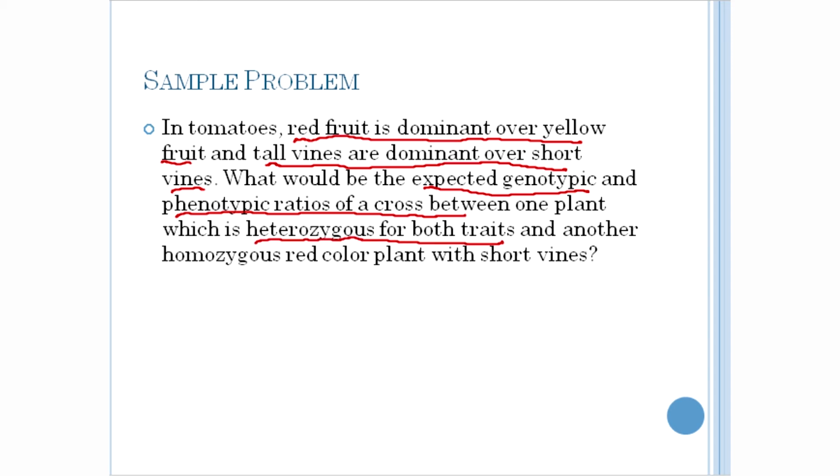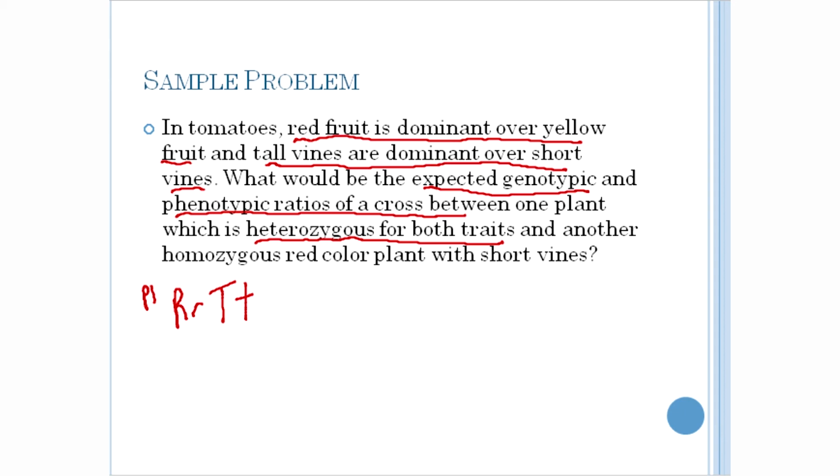So let's call this one parent 1. Heterozygous for both. So big R, little r. We'll use capital R to represent red, as red is dominant, little r to represent yellow, as yellow is recessive. Big T, little t.